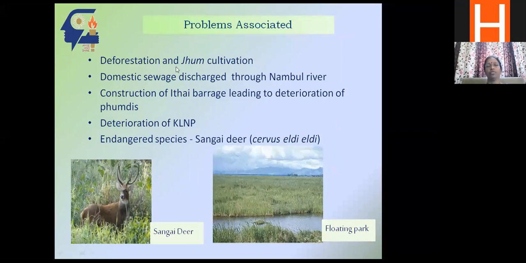If you see, there was deforestation for the purpose of agricultural activities. They had a specific type of cultivation, called jhum cultivation. In that case, after harvesting, they just burn the land. I think all of you would have heard about this in the north also.